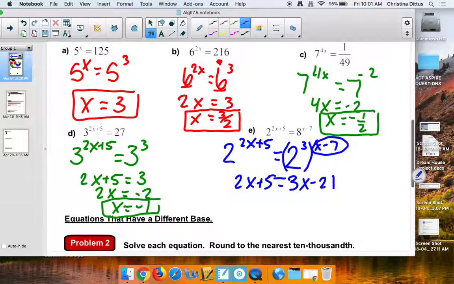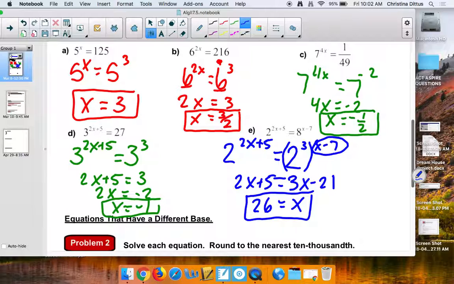Okay, how do I solve from there? Plus 21, so I get 26 equals, subtract my 2x and I get x. You just need common bases.